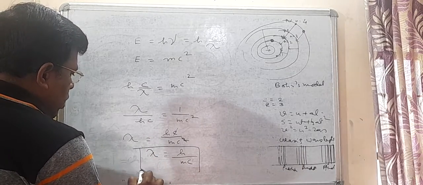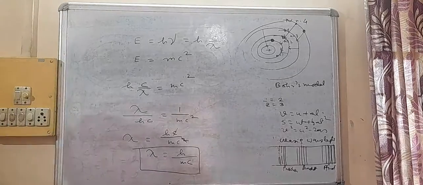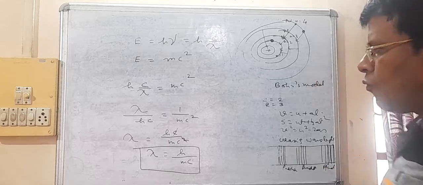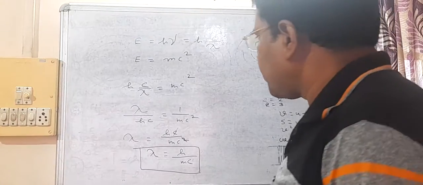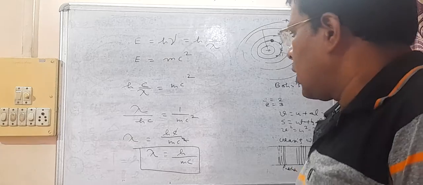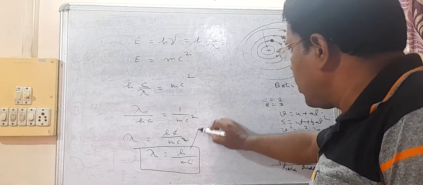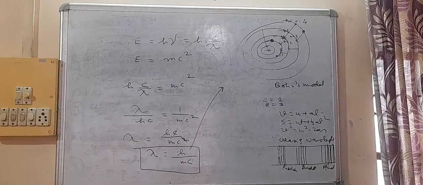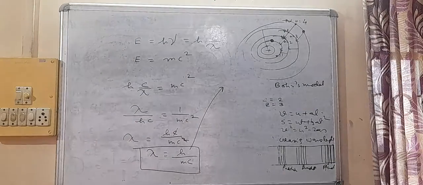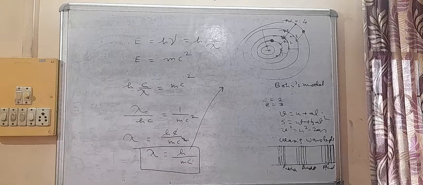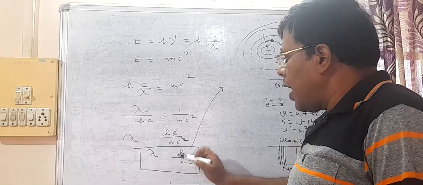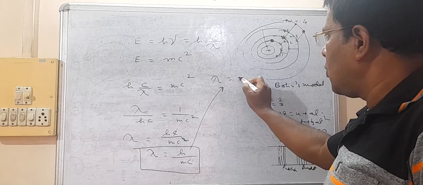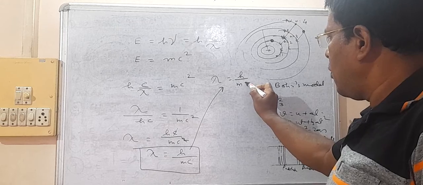So this is the relation that you should remember. And this relation we had got for a photon particle, for light. Now it was said that this relation can be extended to material particles also, to macroscopic particles also. So if we write this for a macroscopic particle, we write like this: lambda is equal to h by m v.